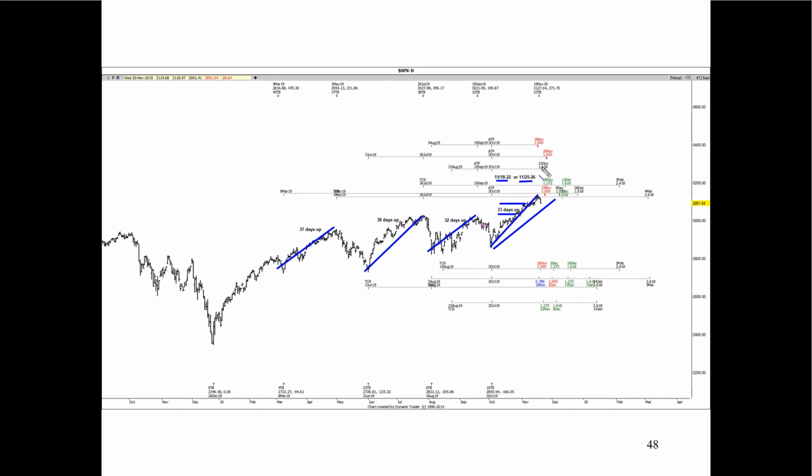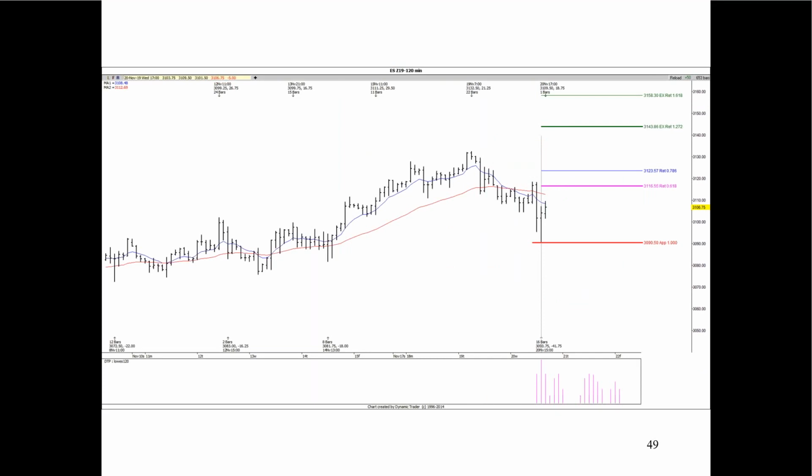And again, you can see there's more than one cycle. When I start to see some cycles off of some pretty large swings, I definitely want to anticipate a possible intermediate trend change.